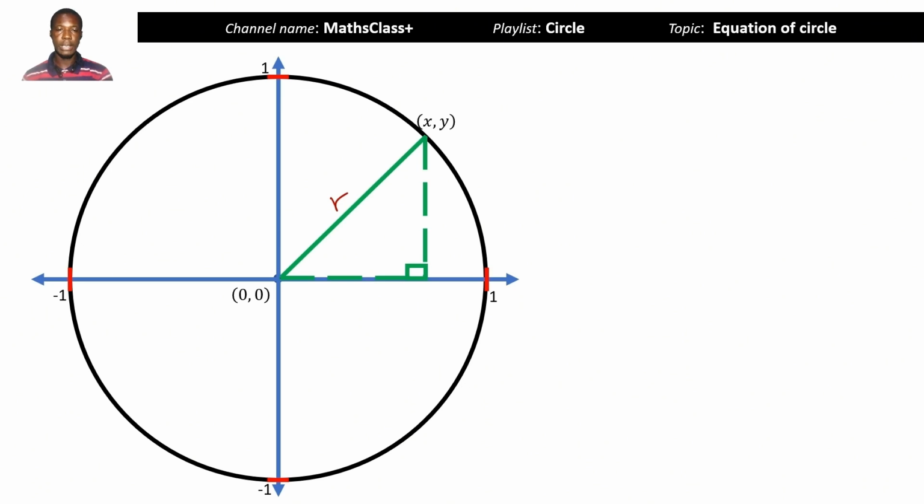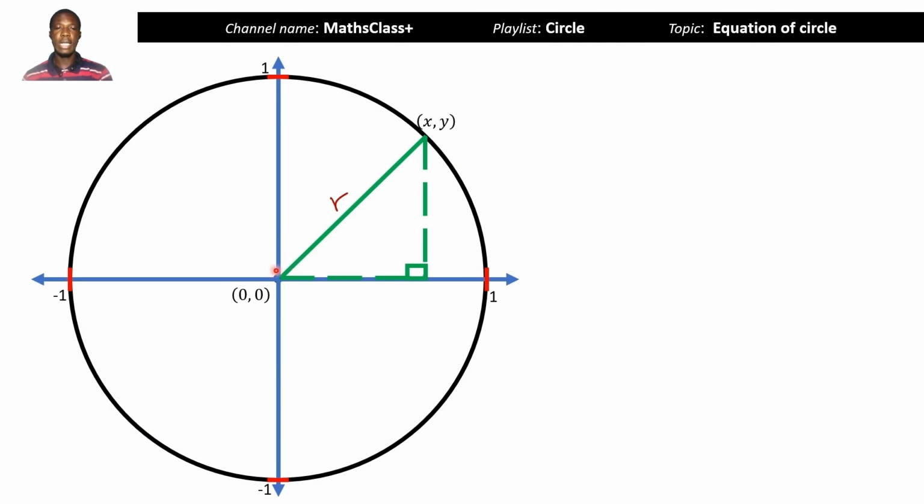You remember that. Then I draw a vertical line from the point to the x-axis. Then I also draw a horizontal line from the center to meet the vertical line that has been drawn. This gives a green outline here. That is a right angle triangle.